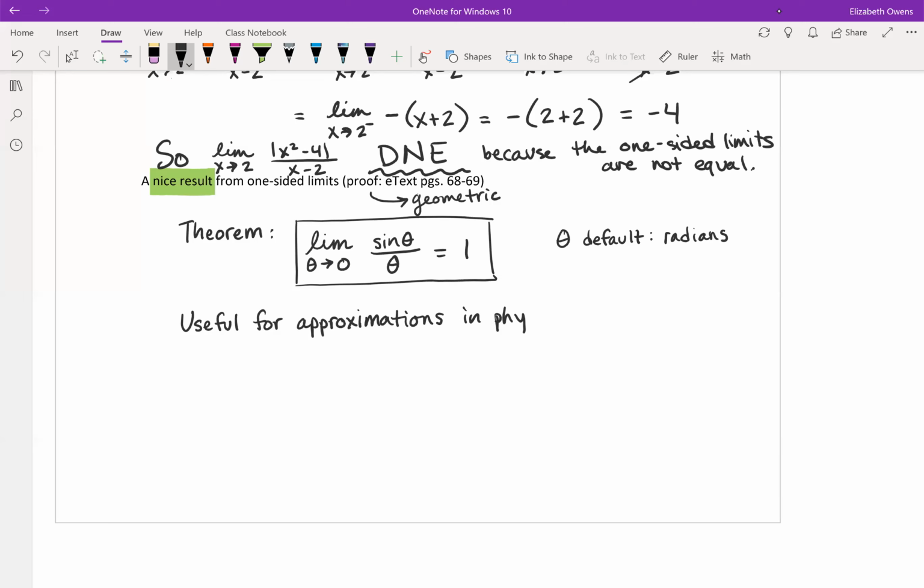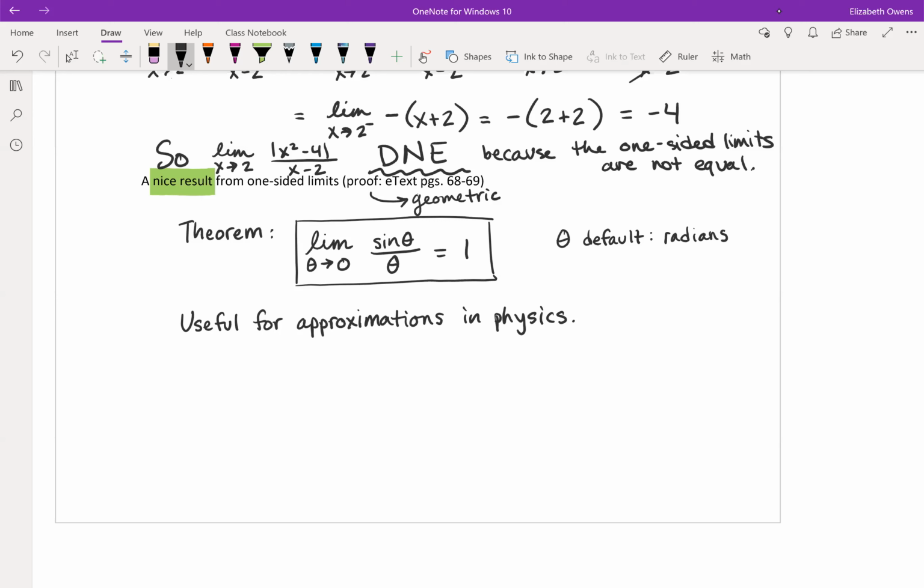The one that I can think of right off the bat is a derivation of an equation for harmonic motion, kind of like a pendulum type deal. And in order to simplify the calculations quite a bit, you have to use this limit, this theorem, this result there. Otherwise, it's a very, very difficult equation to work with.